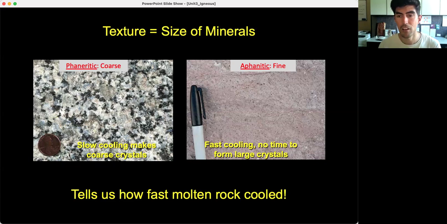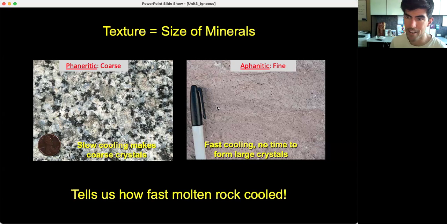And so these minerals are very large. We can see whole minerals, black minerals, white minerals, quartz, biotite, feldspar, very large minerals that we can see. These large minerals indicate to us that they had a long time to grow. They cooled down slowly over time, most likely in a very large magma chamber.